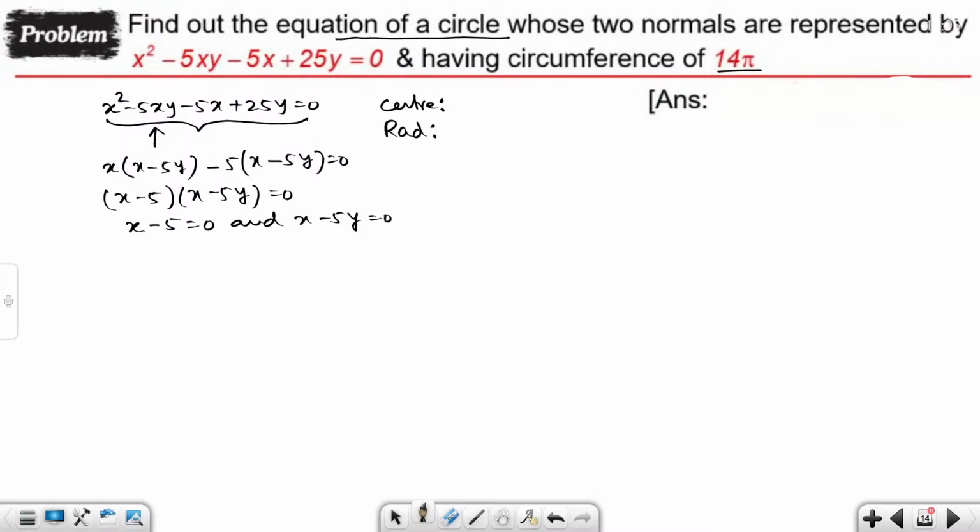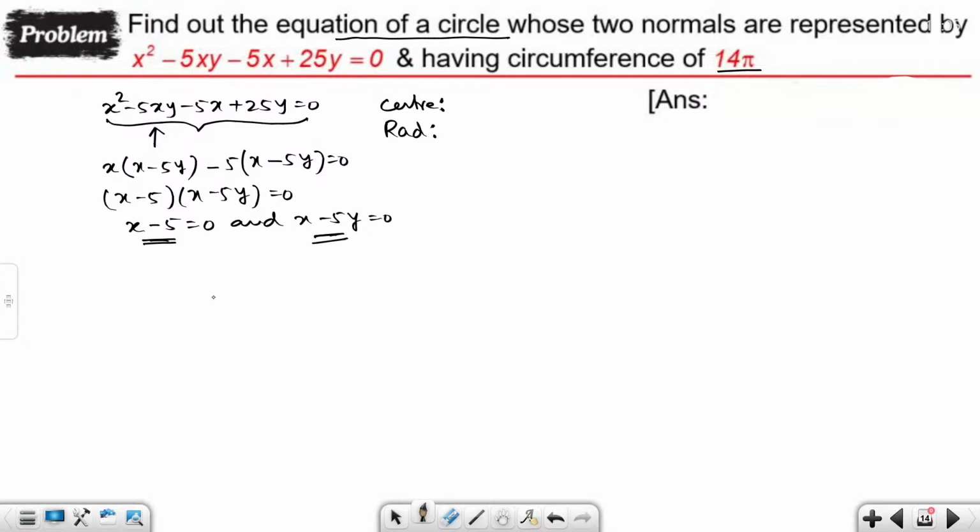So if these are the two normals of the same circle, then definitely they are going to meet at the center of the circle. So what will be the coordinates of the center of this circle? It's nothing but the point of intersection of these two normals. So if I solve these two equations, we are going to get the center of the circle.